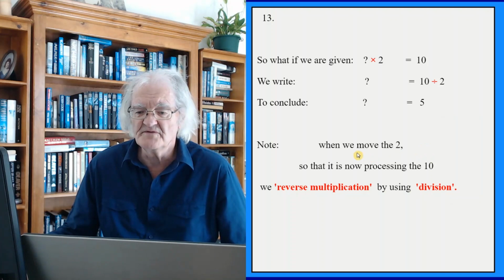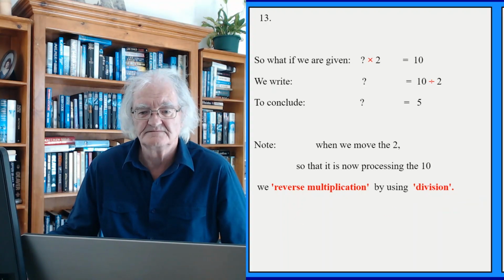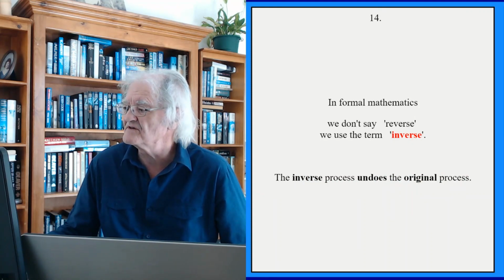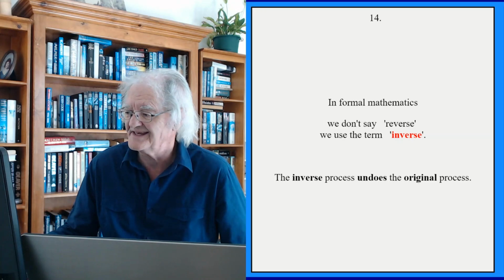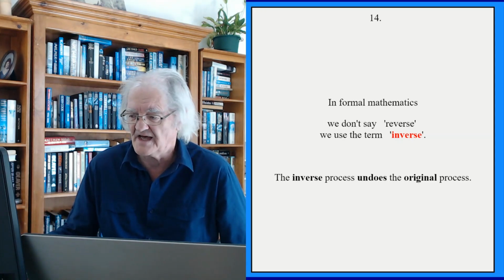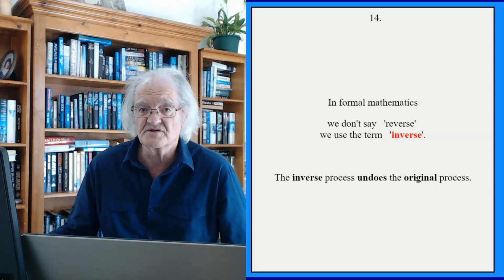So when we move the 2 so that it's now processing the 10, we reverse the original multiplication by using division. In formal mathematics, we don't say reverse, we use the term inverse. The inverse process undoes the original process.